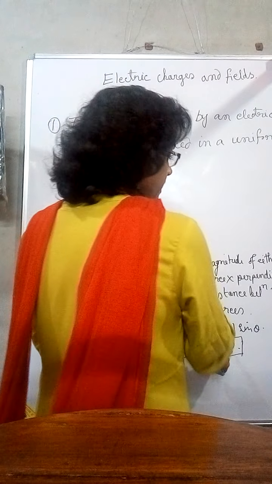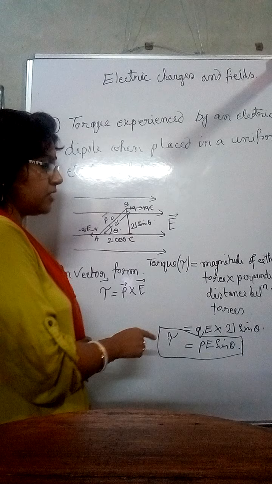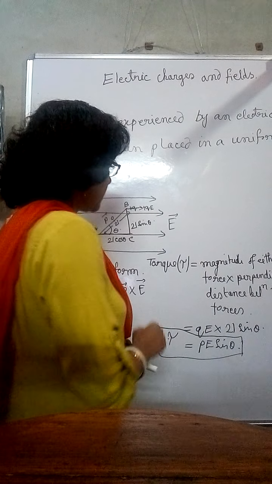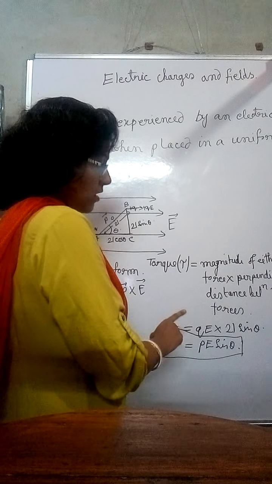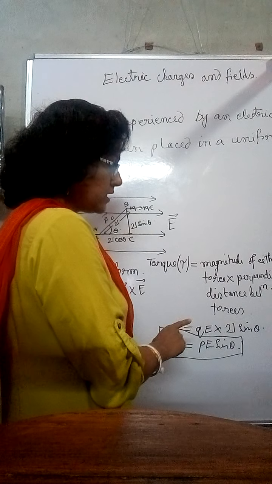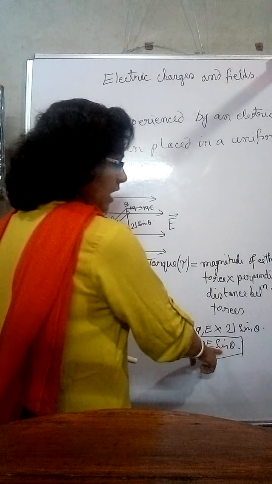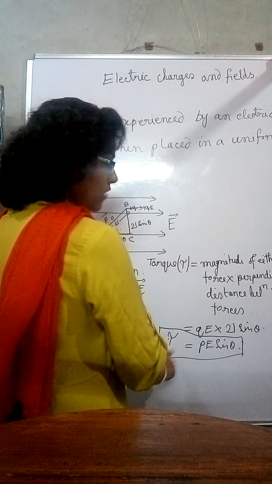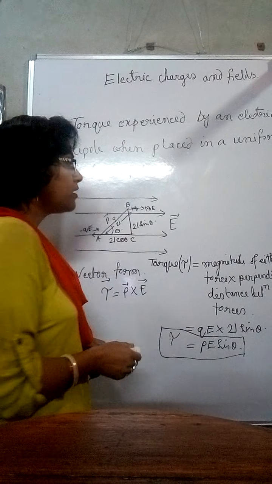When theta is equal to 0 degree, that is, the dipole moment is parallel to the electric field, then sin 0 is 0, so tau is equal to 0. That is, no torque acts on the dipole.